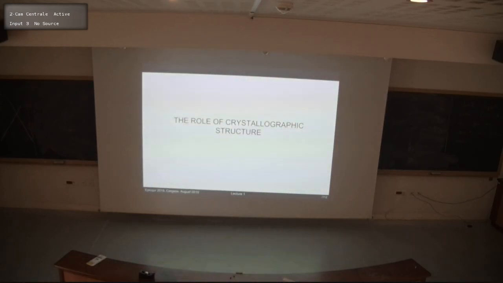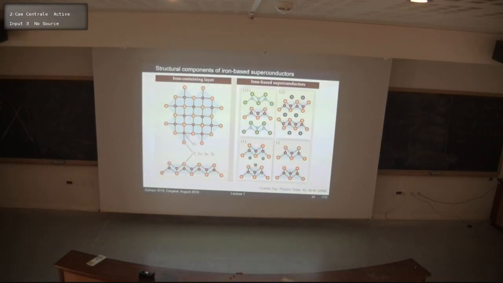Okay, so let's now focus on the details of the crystallographic structure. As I mentioned before, what's common to many of these iron-based superconductors is the iron layer, which is bonded to either a pnictogen or chalcogen, and it's common to all the family of compounds.